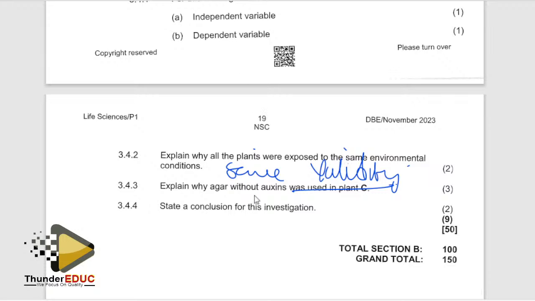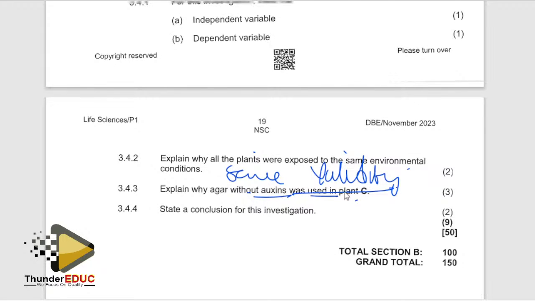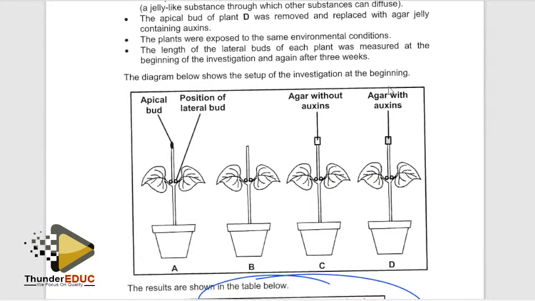Explain why agar without auxin was used in C. Remember, agar is a substance which helps in diffusing those other substances, it's like a sponge, né? Yes. So why was it used? Agar without auxin can act as a control experiment, to see the effect of auxins in D. You understand?